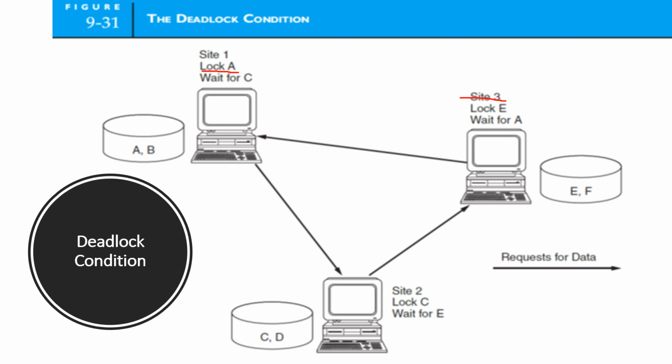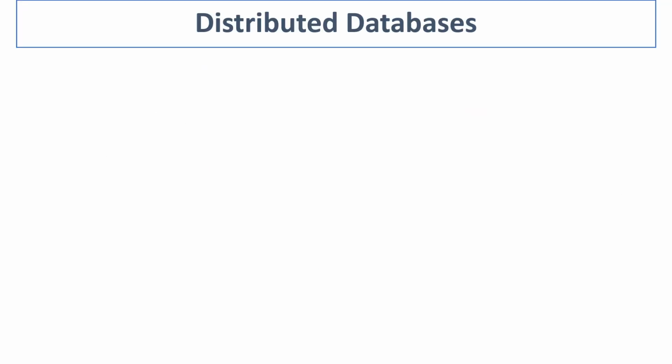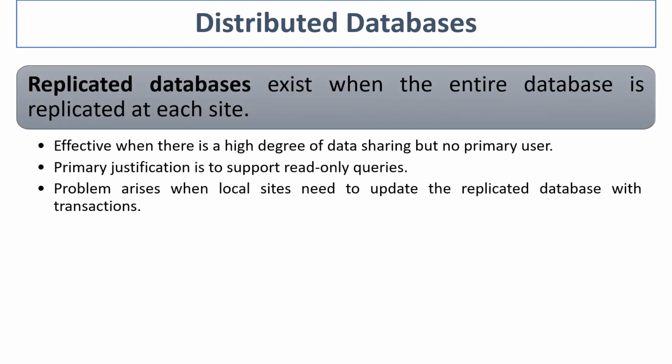So A will lock and keep C waiting, and will allow access to the data E for site 3, and after that we'll send the updated data to site 2.